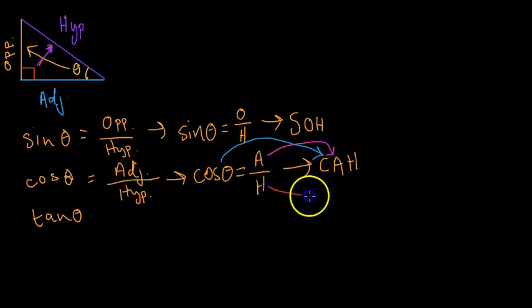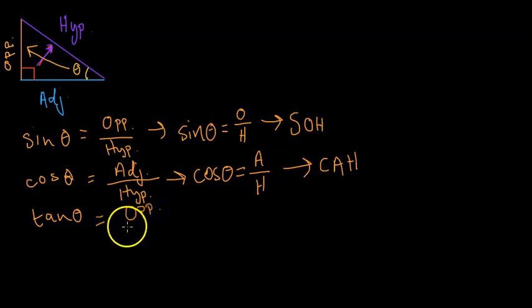The final trigonometric identity that we need to be aware of, tan theta, is the opposite side length divided by the adjacent side length.